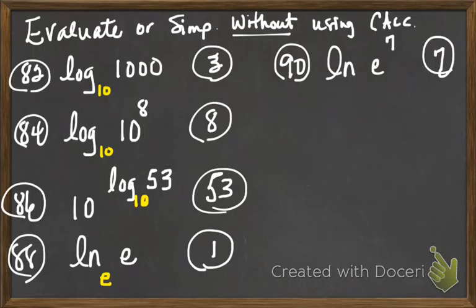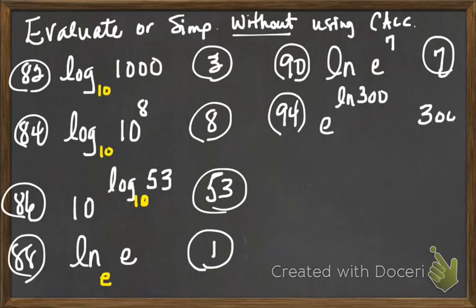All right, two more. 94. e to the ln of 300. It's so easy you think you're wrong. It's just 300, because the base of the ln is e. The bases are the same, so they just cancel out, and you get 300.